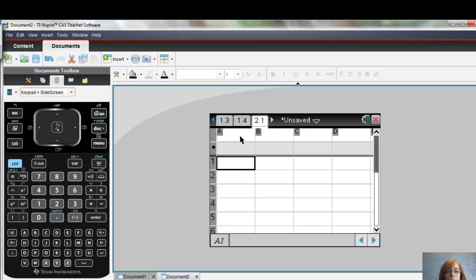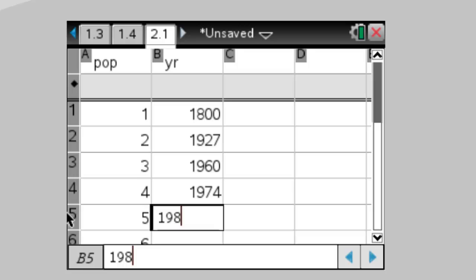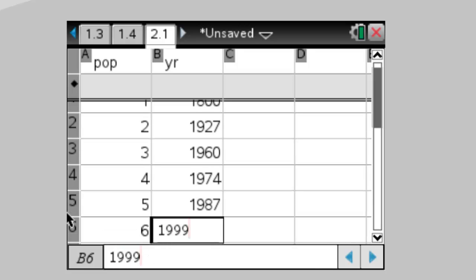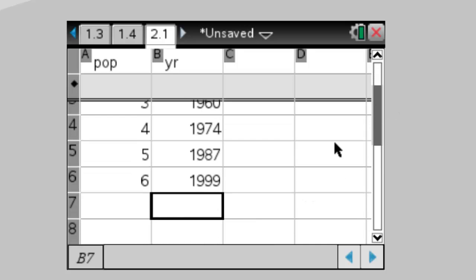At this point, go ahead and enter your data. We're going to enter population here, and we're going to enter year here.